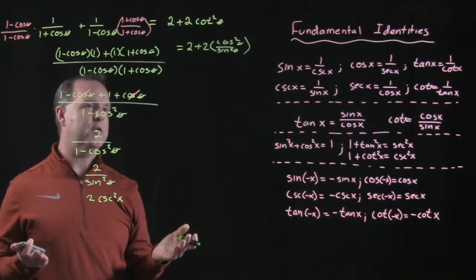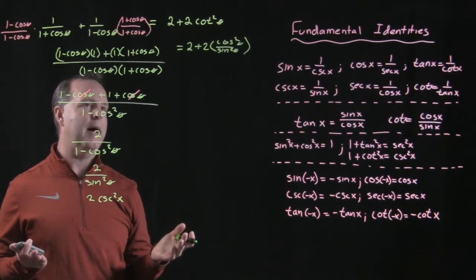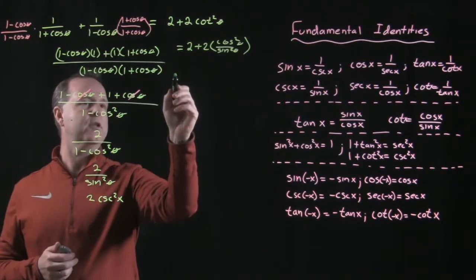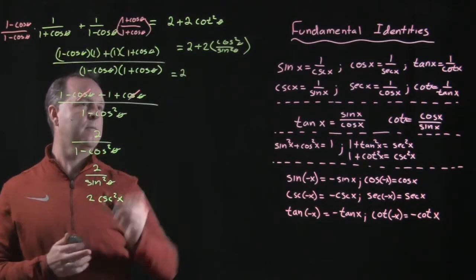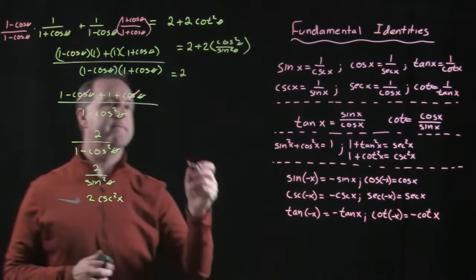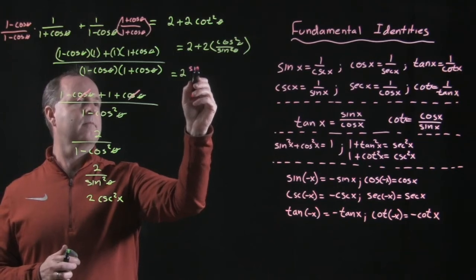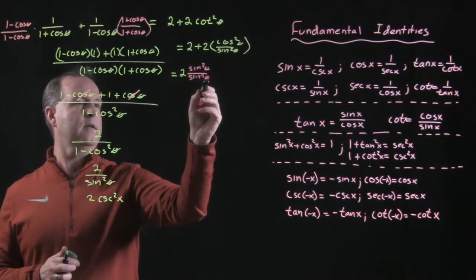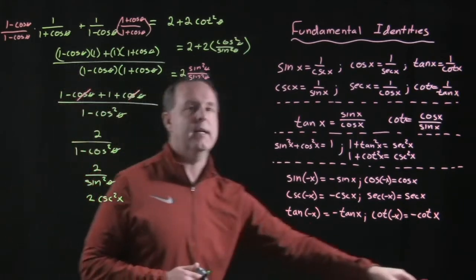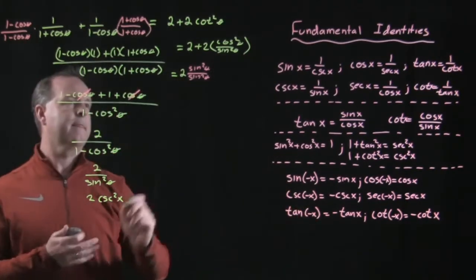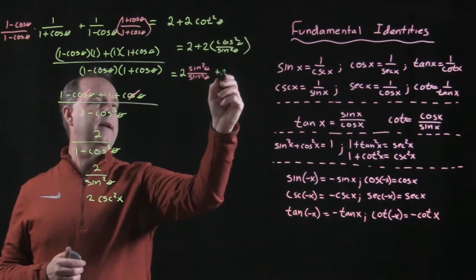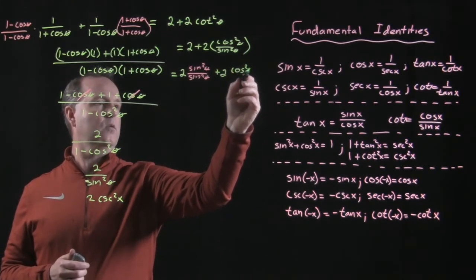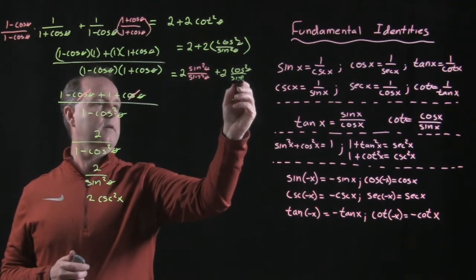There's a summation, so typically you want to combine like terms if you can. So let's multiply this first 2 by a clever version of 1. That's a sine squared over a sine squared. Then I have a 2 times a cosine squared over sine squared.